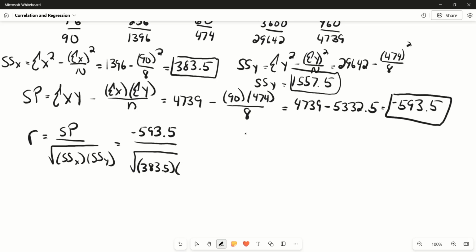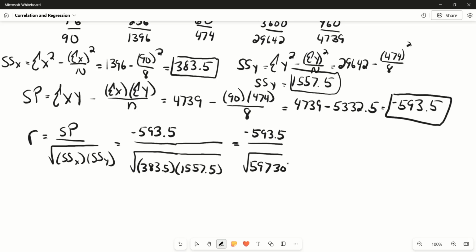The sum of squares of y is 1557.5. And when I simplify that, I get negative 593.5 over the square root of 597,301.2.